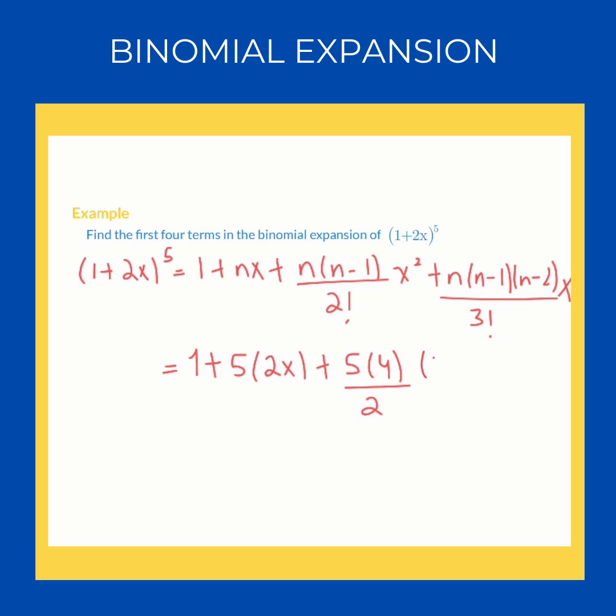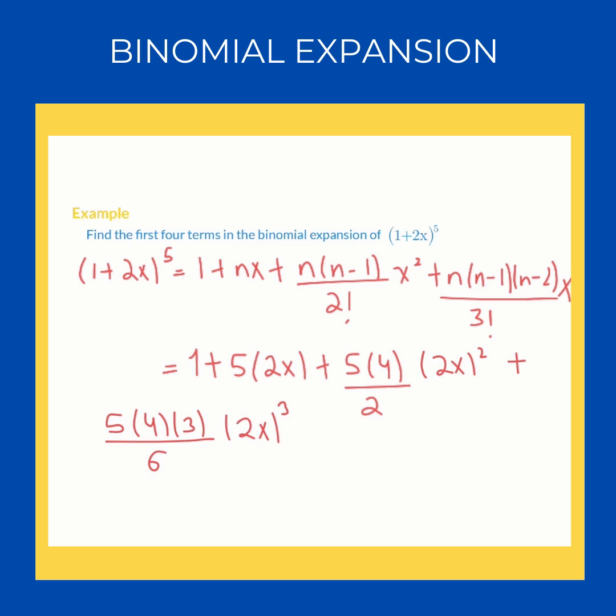Plus n times n minus 1 times n minus 2, so plus 5 times 4 times 3 over 3 factorial, which is 3 times 2 times 1, and it's 6, times x cubed. Now x here is the second term inside my bracket, which is 2x, cubed.